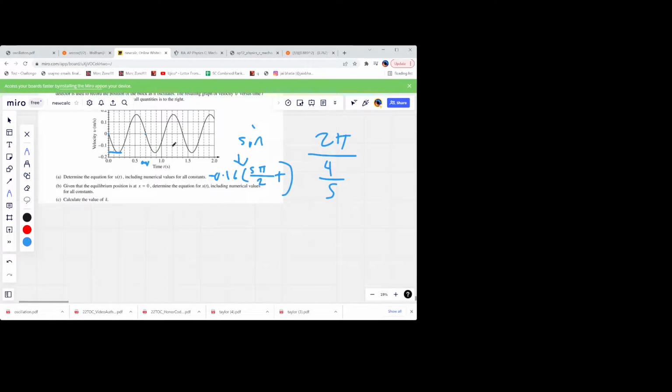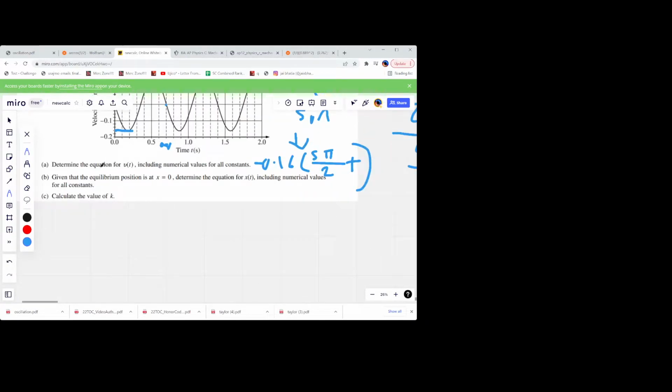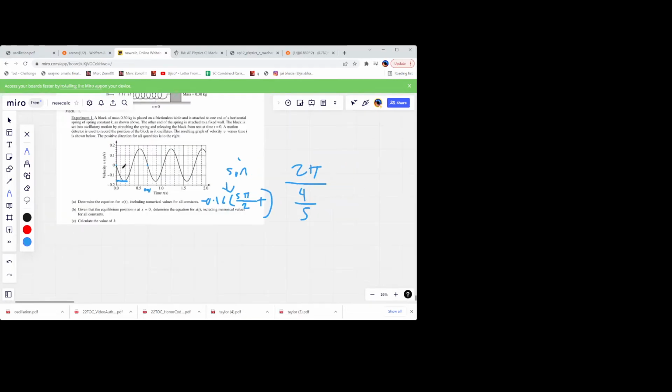Okay. Given that the equilibrium position is at x equals 0, determine the equation for x of t, including numerical values for all constants. Okay, let's do it. So, actually, do we care much? Oh, no, actually, we do care much.